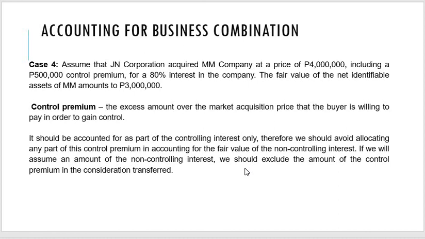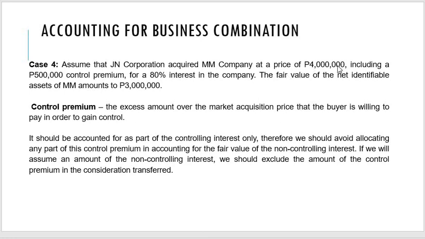Meaning to say, when we assume the fair value of non-controlling interest, we should deduct the control premium if the consideration transferred, or the price paid, includes the control premium. So, if we assume an amount for the non-controlling interest, we should exclude the control premium in the consideration transferred.